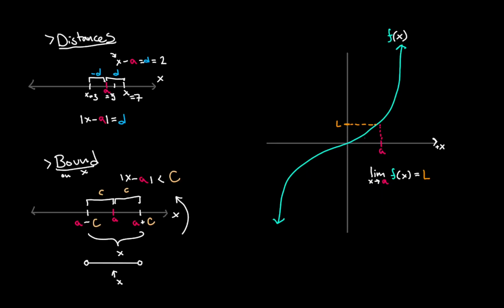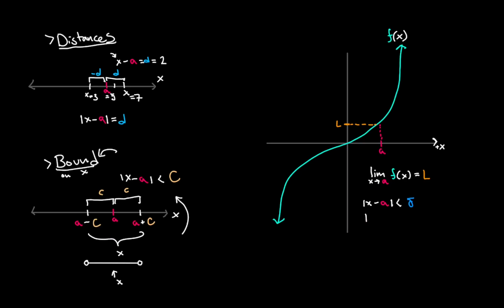So this is what it looks like, and we're going to define two more values or variables that we can control that are related to bounds. So let's say we have x minus A is less than something called delta, and I'll explain what delta is soon.